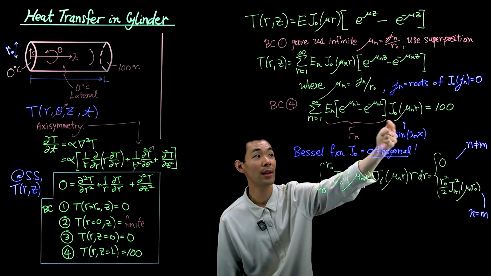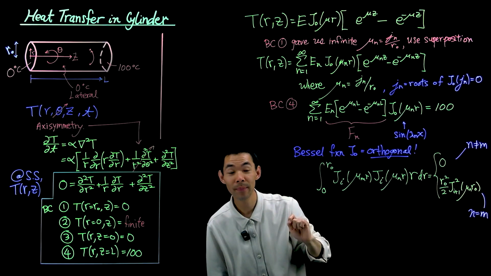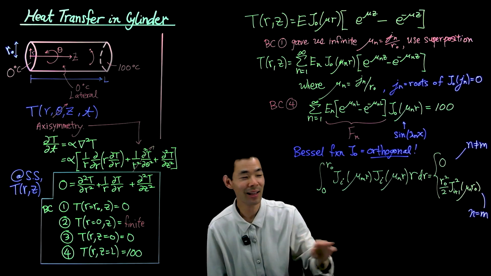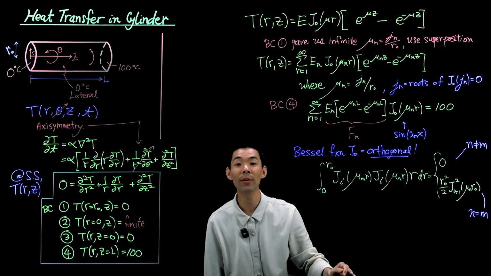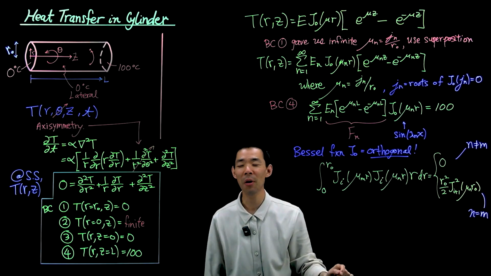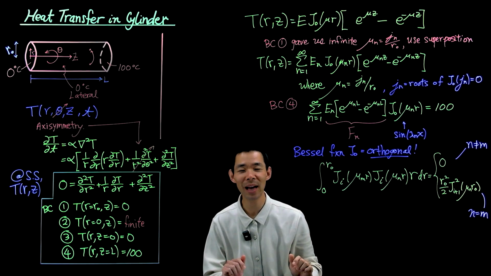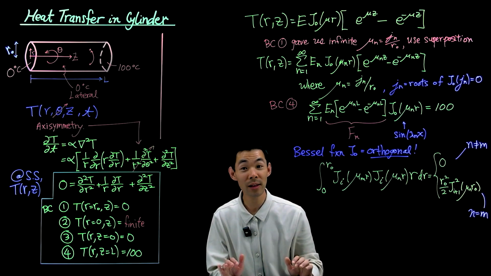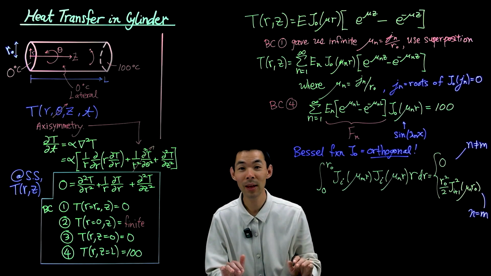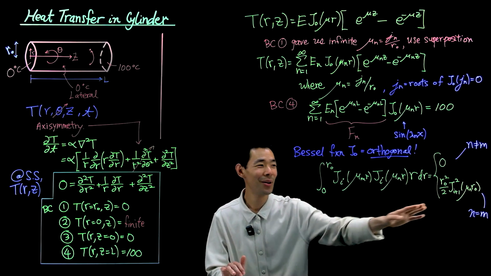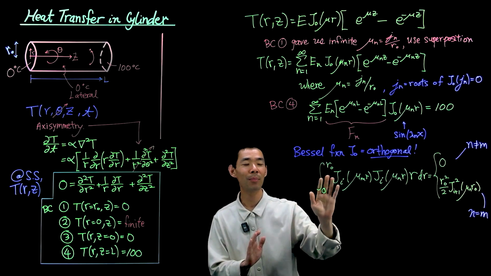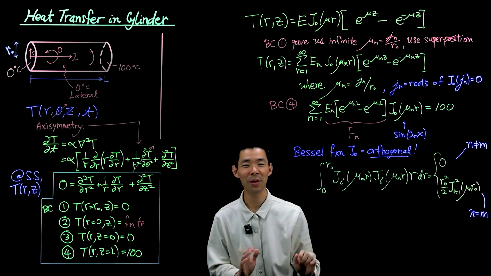So in this case, we have a j0 that's going to be promoted to a j1, evaluated at mu n r0, when the index n and m are the same. When they're the same, you get a non-zero number. When they are not the same, you get 0. This is the definition of orthogonality, which was also true for sines and cosines. When it was sine times sine, it was 0 when n and m were not the same, and it was equal to L when they were the same. That's the only difference. But otherwise, the property of orthogonality just still goes straight through.